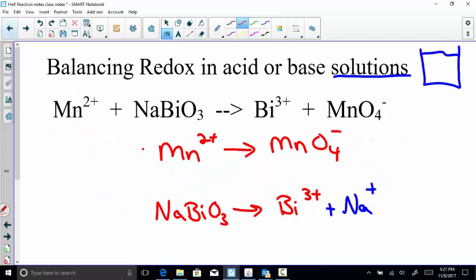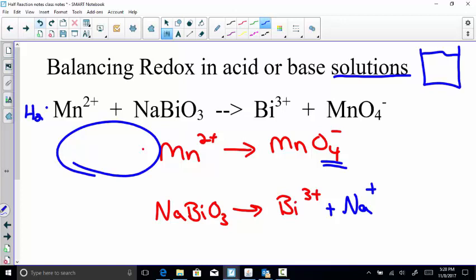Okay, so going back to this first equation, I have 4 oxygens over there. I have no oxygens on this side, so I need to add oxygens. The only way you get oxygens is by adding H2O.